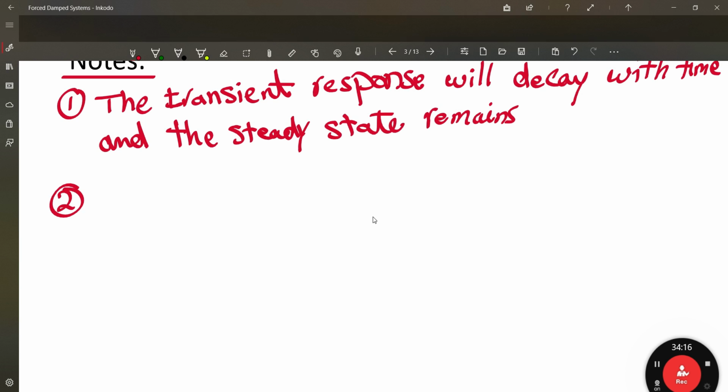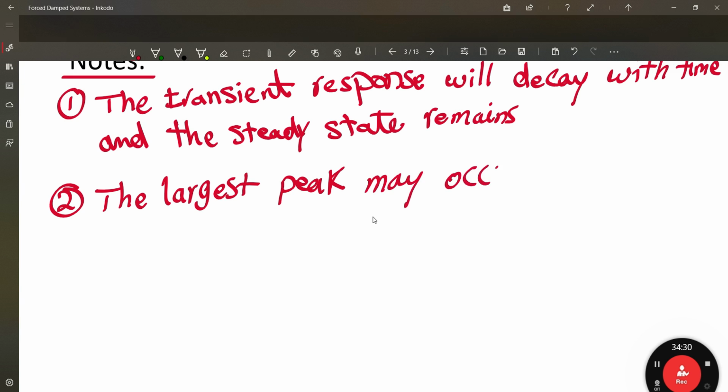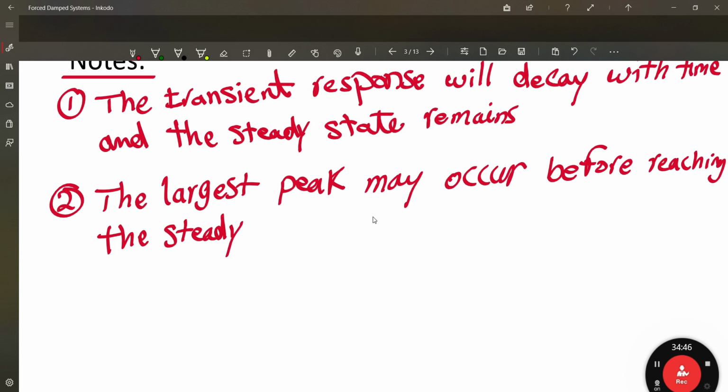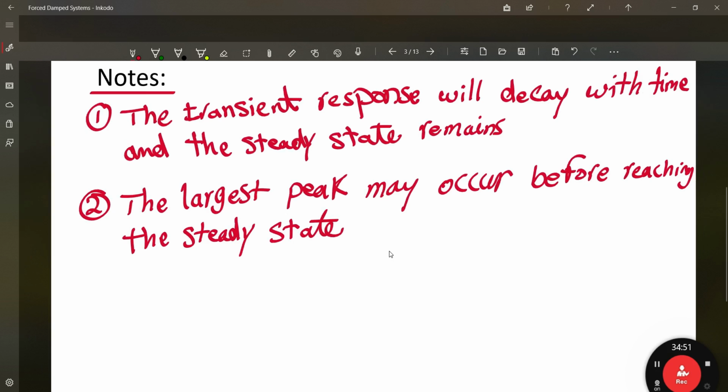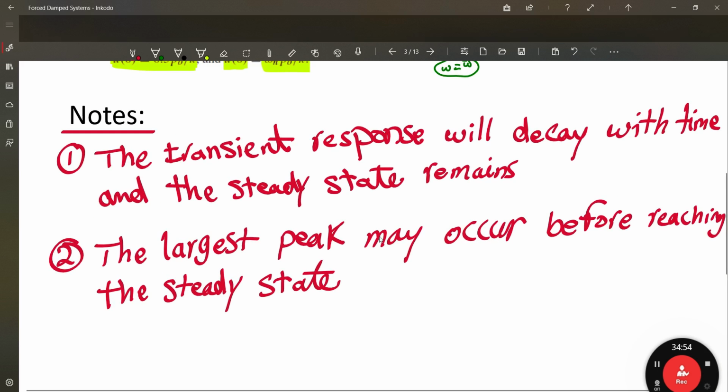Okay, so the largest peak, as we have seen from the graph, may occur before reaching the steady state, and this is true as we have seen from the curves, or from the graph.